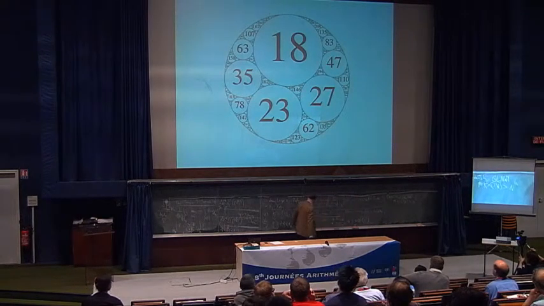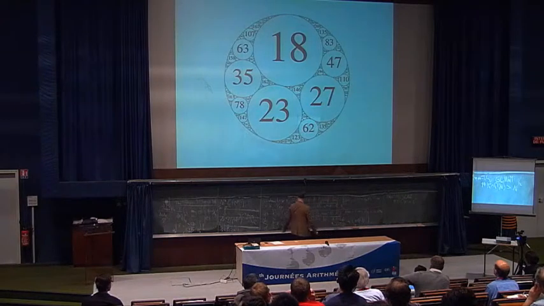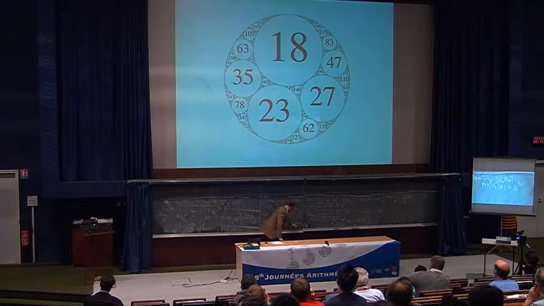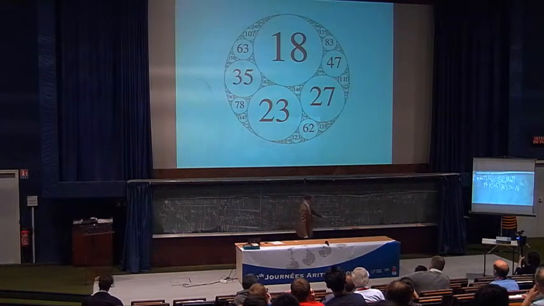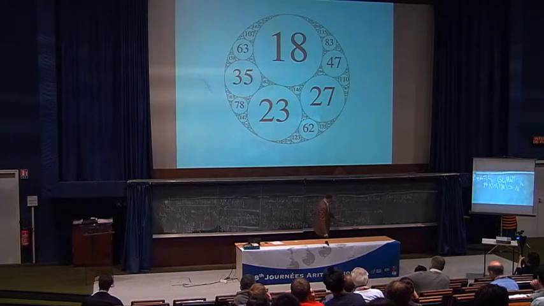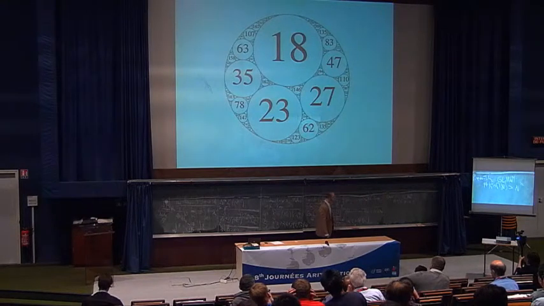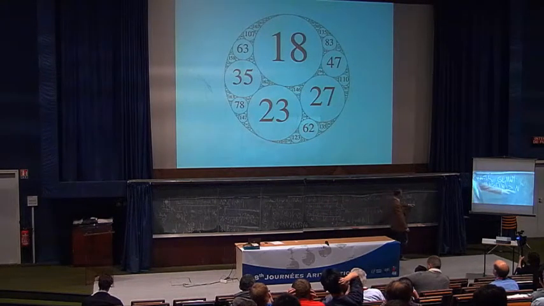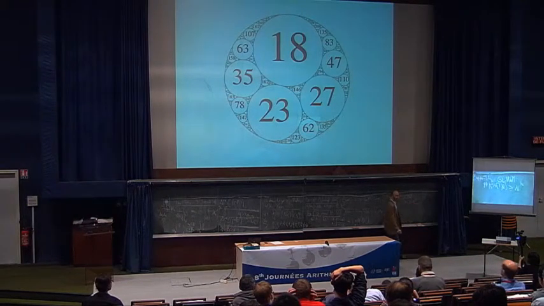Let me reformulate this. The number of admissibles up to n is trivial because there are 8 residue classes mod 24, so 1 in every 3 numbers is admissible. So this asymptotic should be the number of points in K up to n is asymptotic to n over 3 plus a power savings. So n should be the main term. They've proved root n. At least root n numbers appear.